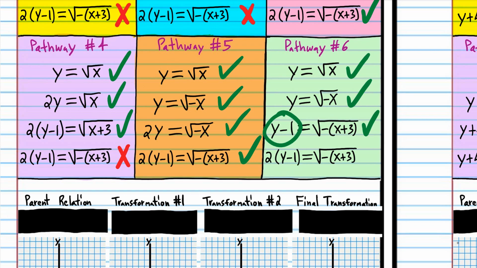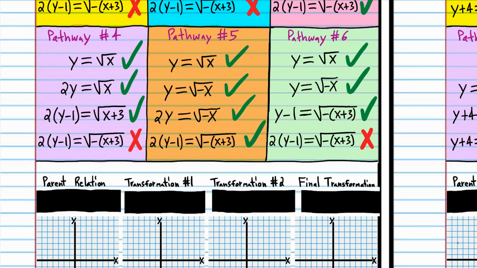The transformation properties tell us how to modify the graph if we're multiplying y by 2, but they don't tell us what to do if we're multiplying y minus 1 by 2. So it's not that we're not building the correct equation. We have the correct equation. It's just we can't use the transformation properties without modifying expressions in the pathway.